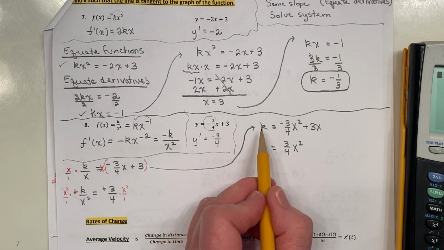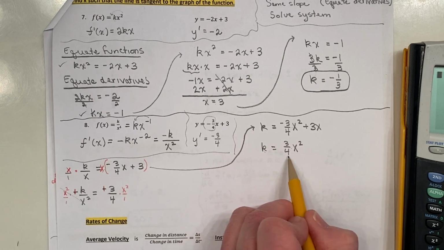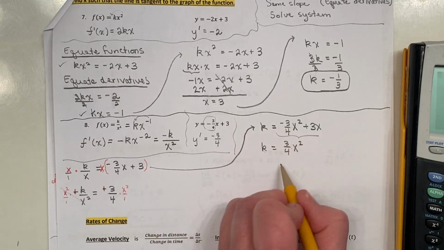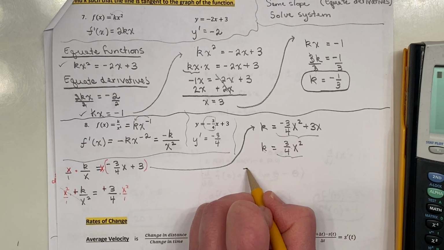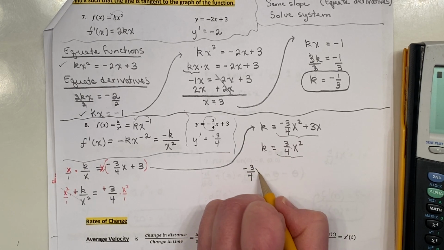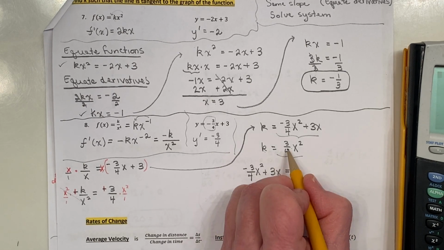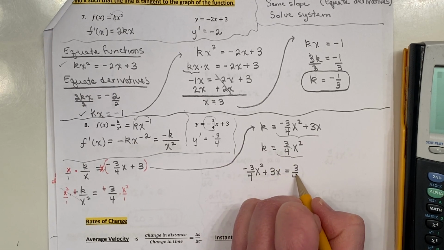All right, now that I have two equations both equal to k, I'm going to set those equations equal to each other. So setting both of these equal, one k equals the other k.